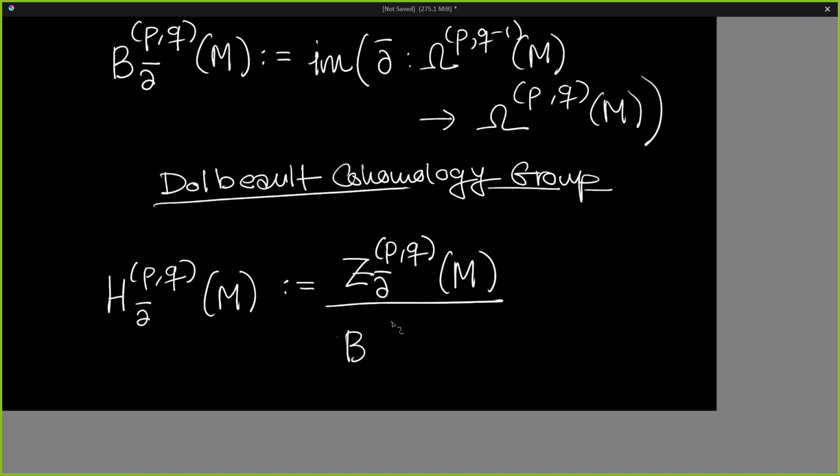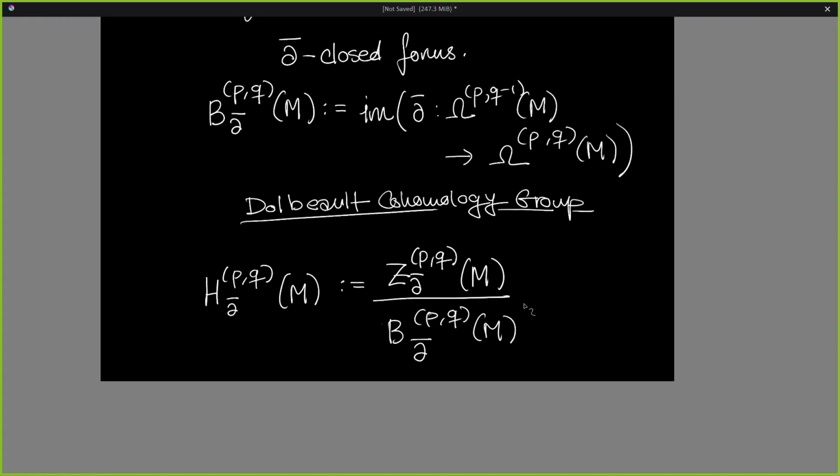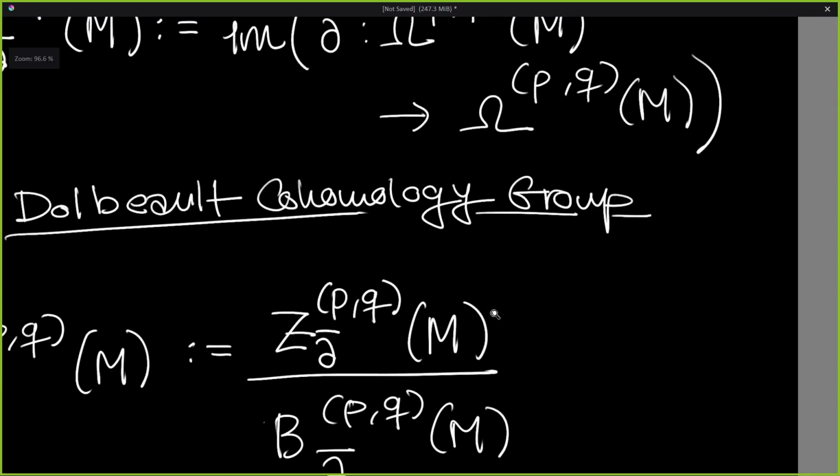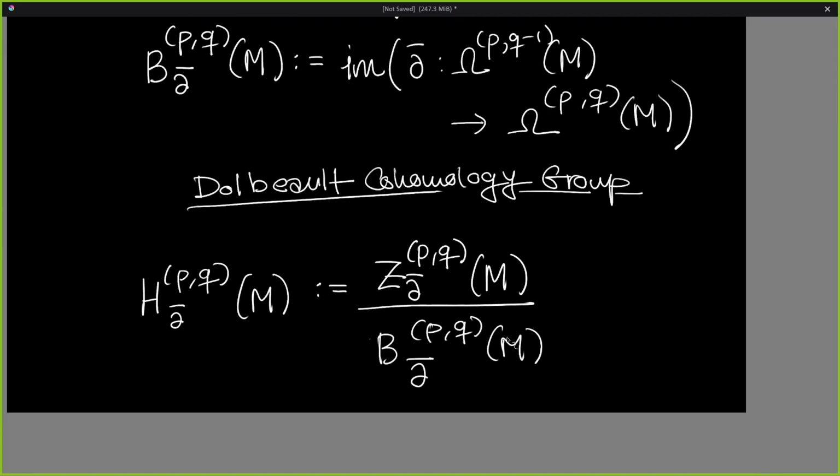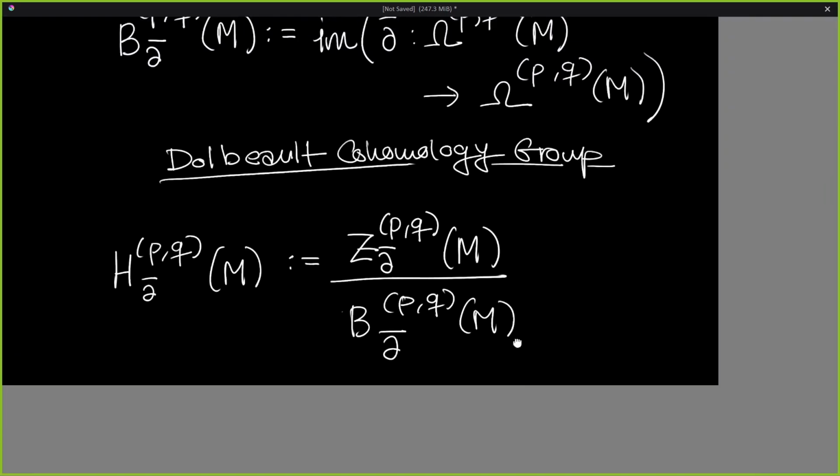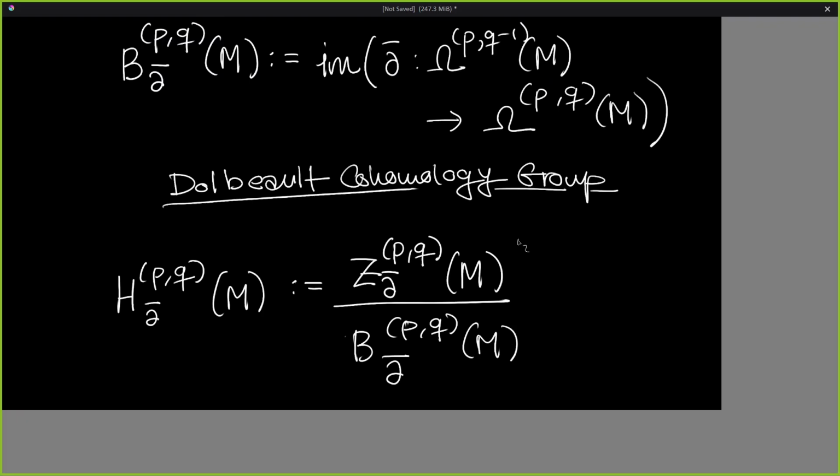So Z^{p,q} M partial bar, modulo the image. I'm just writing the quotient as a fraction-looking thing. Sometimes you do that, right? So let's quickly interpret what we just did here.